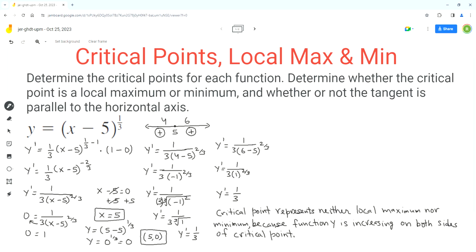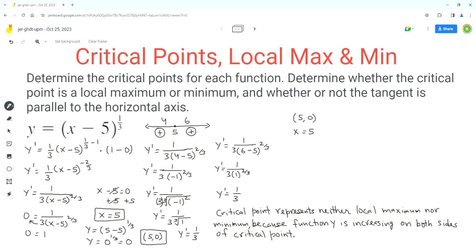Now we have to find where the tangent is parallel to the horizontal axis at the critical point. Now we got the critical point by setting the denominator equal to 0. So that means the critical point 5, 0 was obtained from the critical number x equals 5, and we got that critical number by setting the denominator equal to 0.